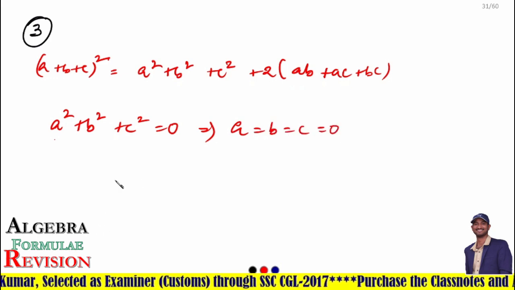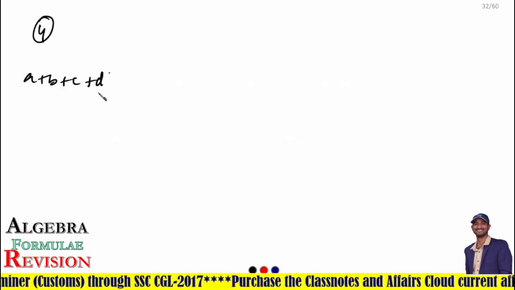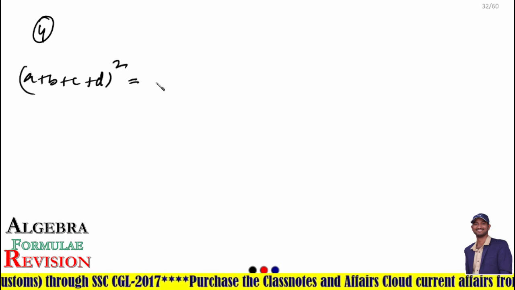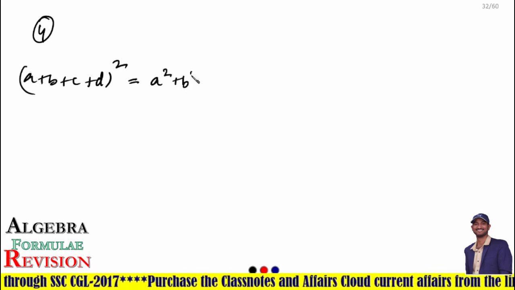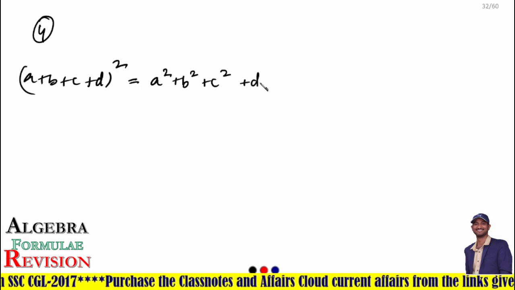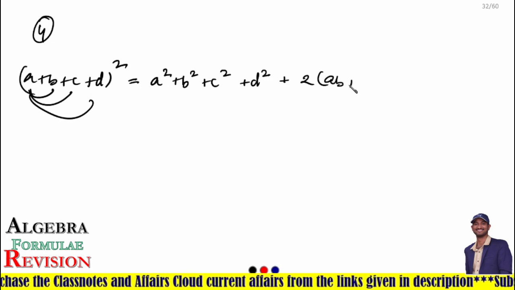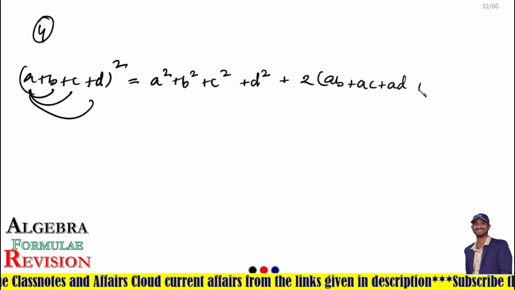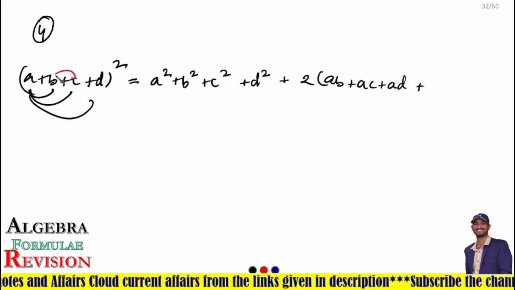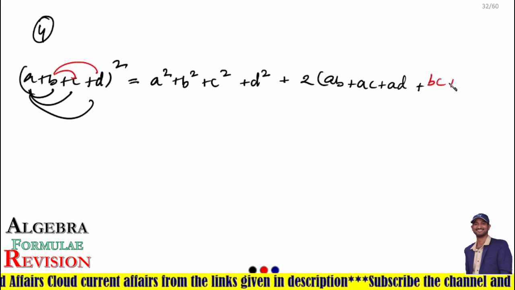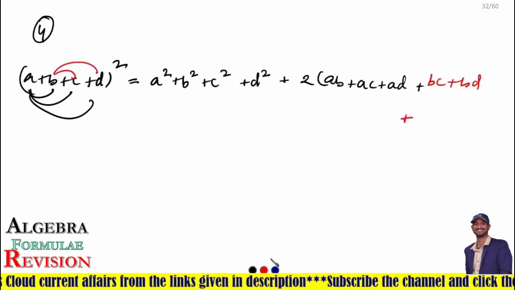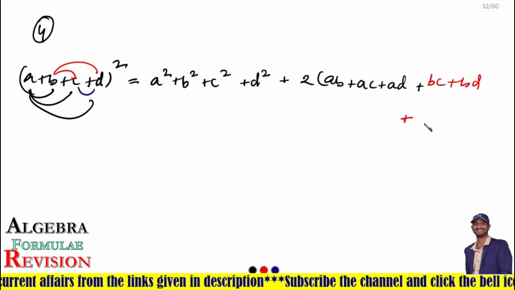Okay. Next, 4 variables. That means (a + b + c + d) whole square, which is equal to how much? a square plus b square plus c square plus d square plus 2 into (ab + ac + ad), next bc plus bd, next cd.